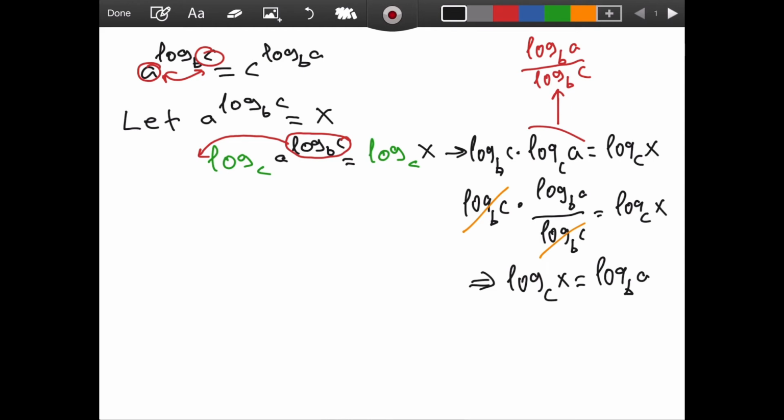So far so good. But how can we benefit from this information? What shall we do with this? Well, to use this, let's return to this stage right here.